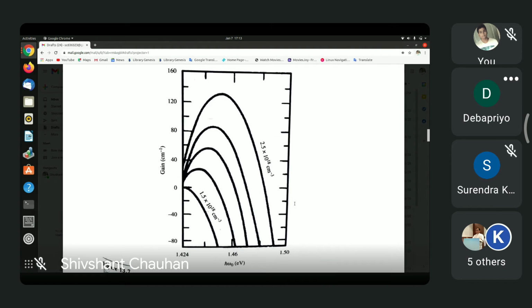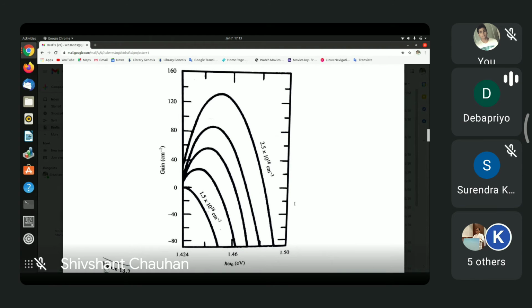Remember that electrons are injected into the active region by the battery. The battery injects electrons into the active region. So you have to inject more current. The more the current that you pass through the diode, the more it tends towards becoming a laser.